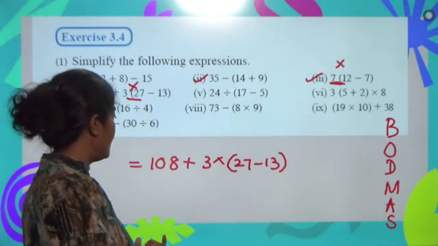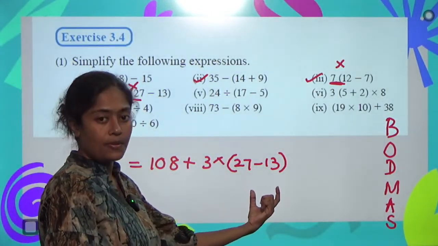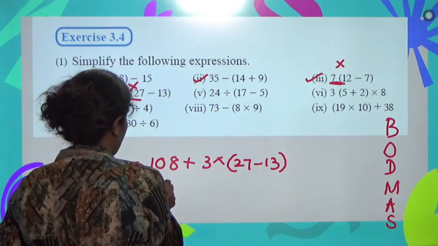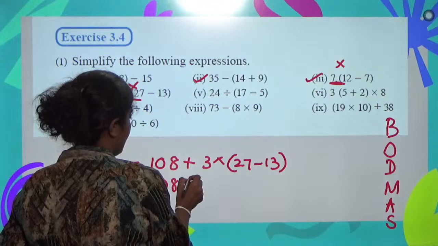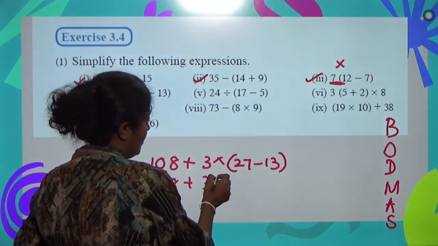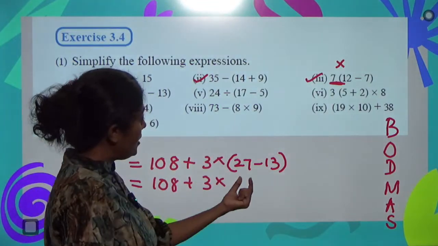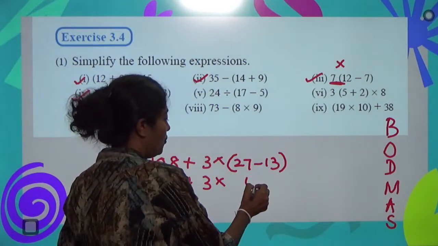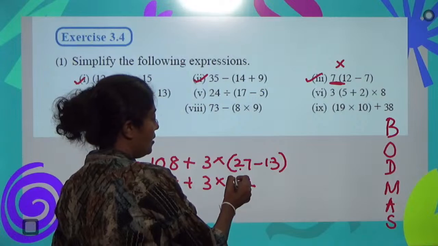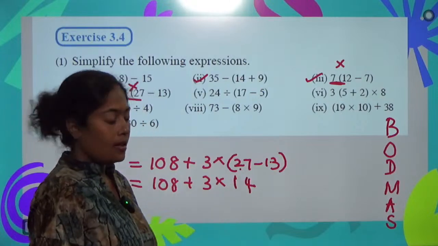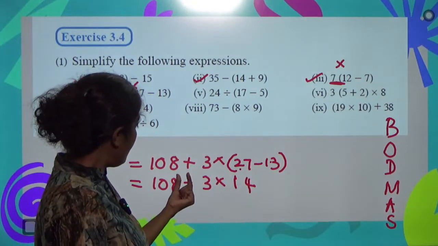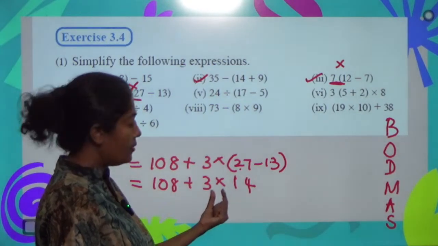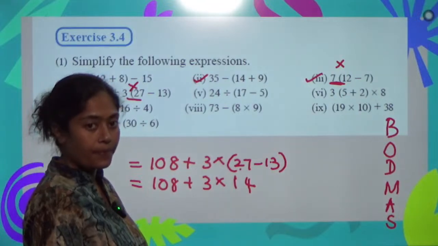Yes. So I have to simplify the brackets first, then 108 plus 3, then multiplication, 27 minus 13. What is the answer? 7 minus 3, 4; 2 minus 1, 1. Now we have addition, then multiplication. First, what do I have to simplify?